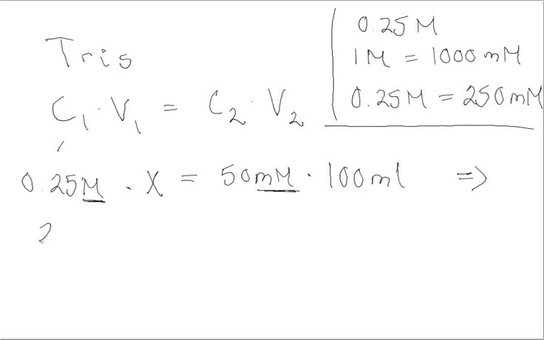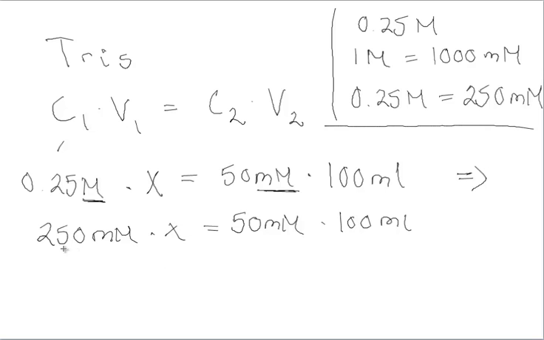So if in this formula, instead of writing 0.25 molar, we write 250 millimolar times X is 50 millimolar times 100 milliliter.